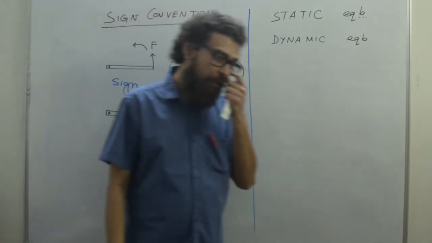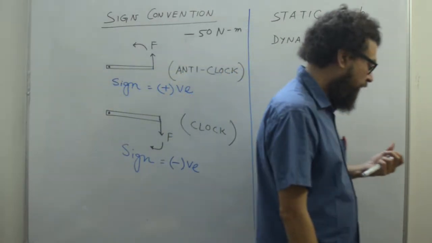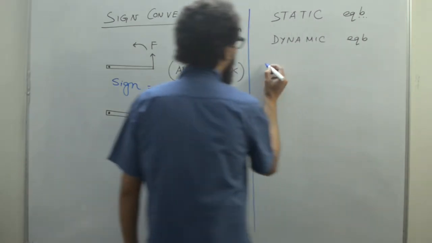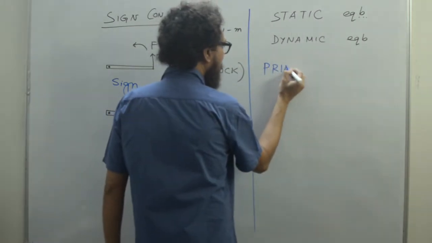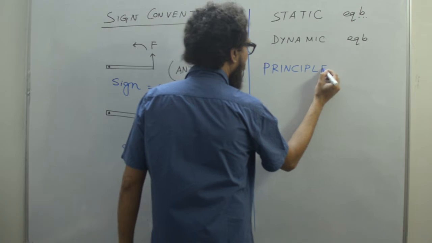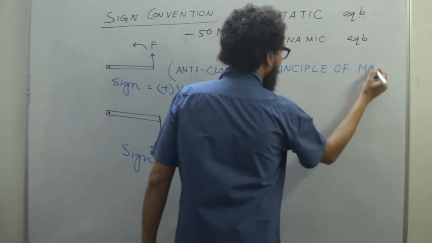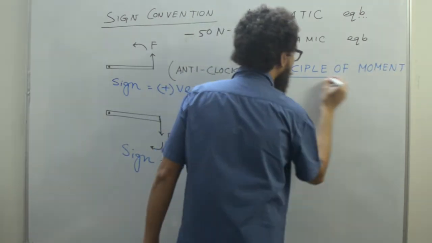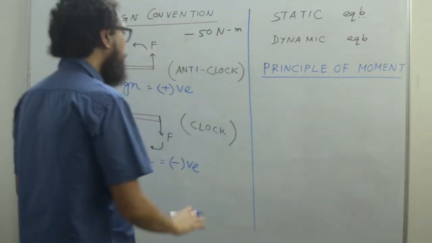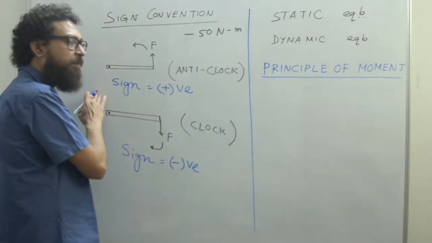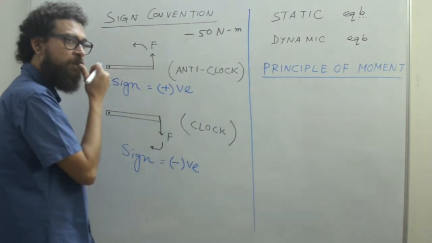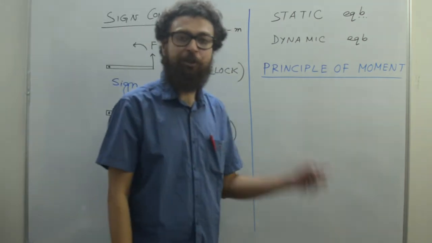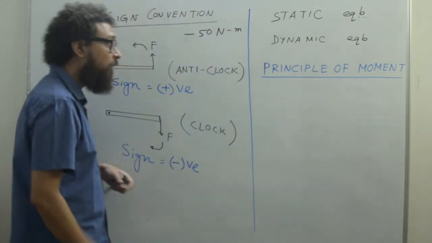Very good. So now we have a concept called principle of moment. This is very interesting, and it came from the concept of equilibrium only. Equilibrium says that the algebraic sum of all the moments with respect to the forces acting on an extended body should be equal to 0. And if it happens, then what happens?